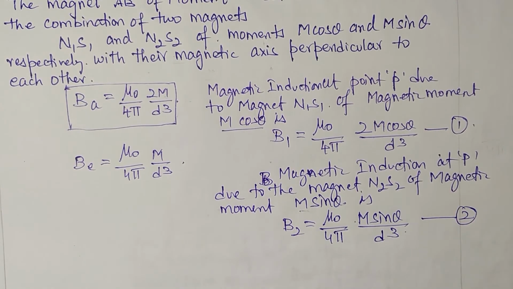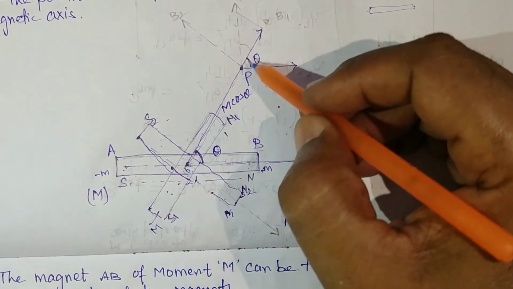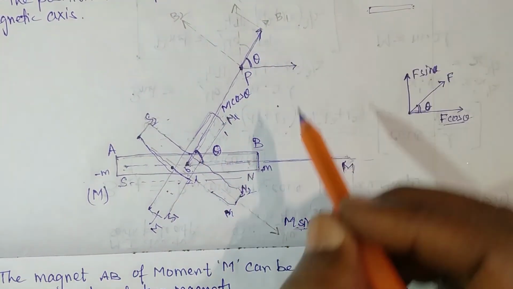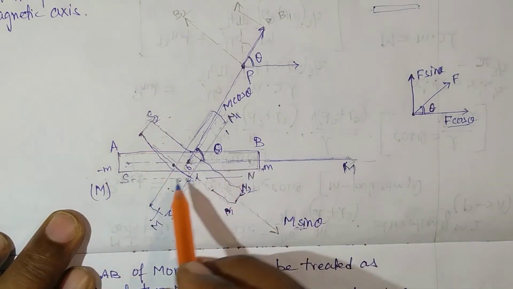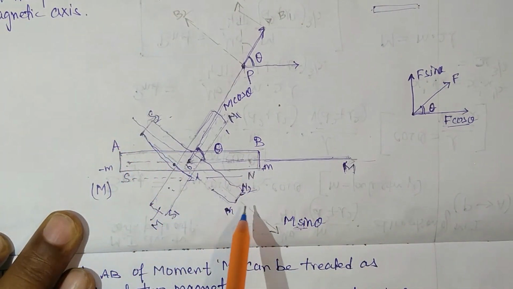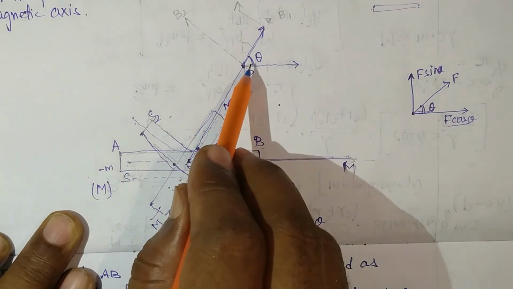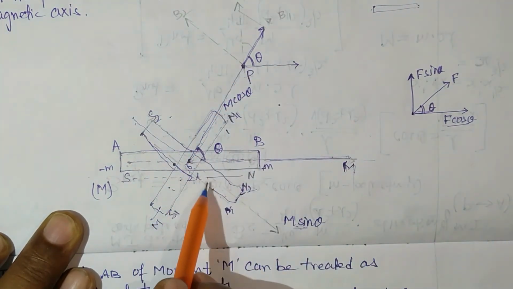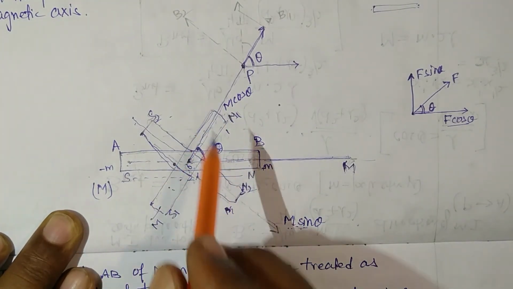Now see these two magnetic inductions. This is in this direction, and earlier we studied the direction of magnetic induction on the equatorial line. The second magnet is in this direction, P is on the equatorial line, so the direction of induction on the equatorial line will be opposite to this direction.